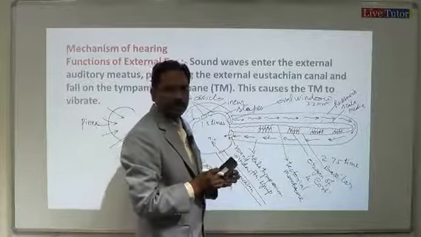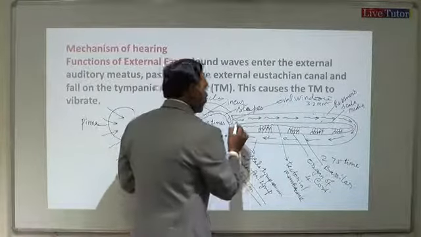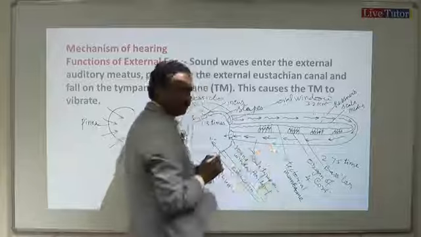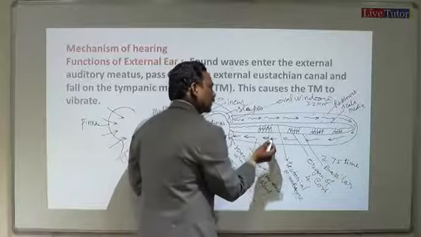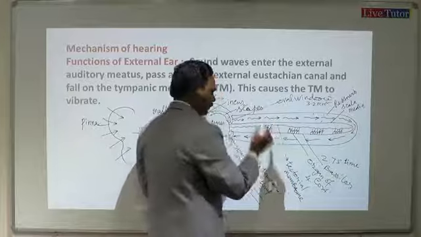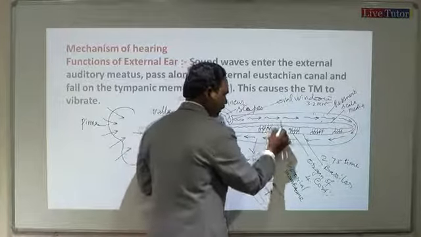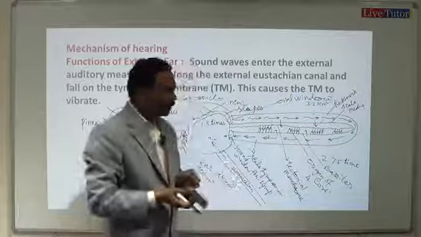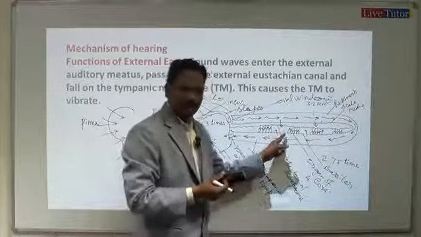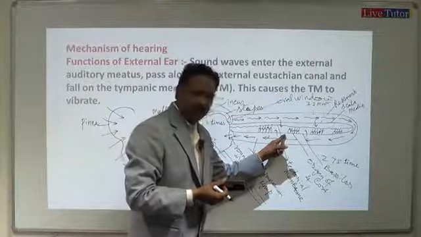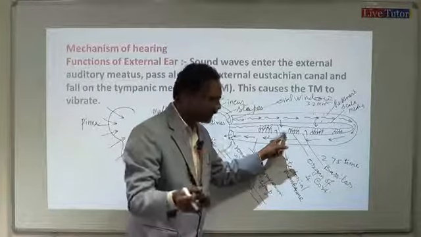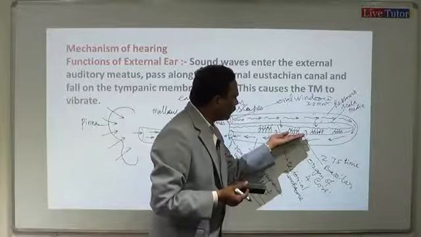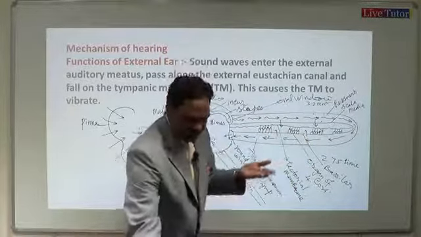When the pressure waves pass through the scala vestibuli and the scala tympani, the vibration is transmitted to the endolymph, so the endolymph gets vibrated. It is transmitted to the endolymph as well as the basilar membrane, which vibrates.